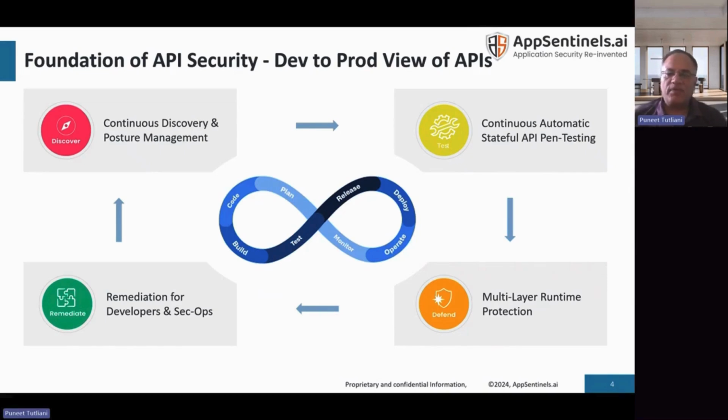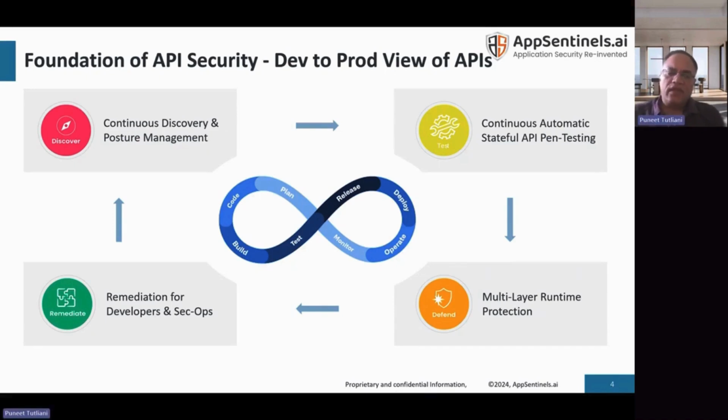From a foundational perspective, the first and foremost, most important thing here is having some sort of continuous discovery of APIs and some sort of posture management of APIs. One should know how many APIs they have and the posture of every single API, because every single API is unique and adds a risk to an organization.